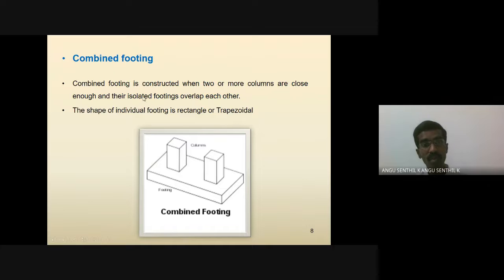Better we go with the combined footing. This overlapping can be prevented by providing a common mat footing like this. The shape of the individual footing is rectangular or trapezoidal based on the location or design requirements.